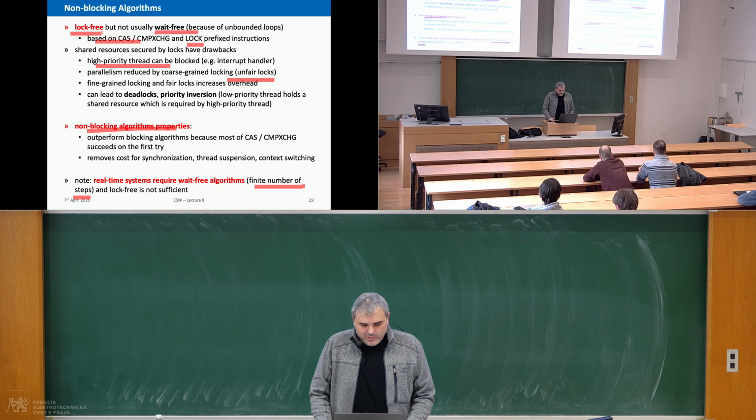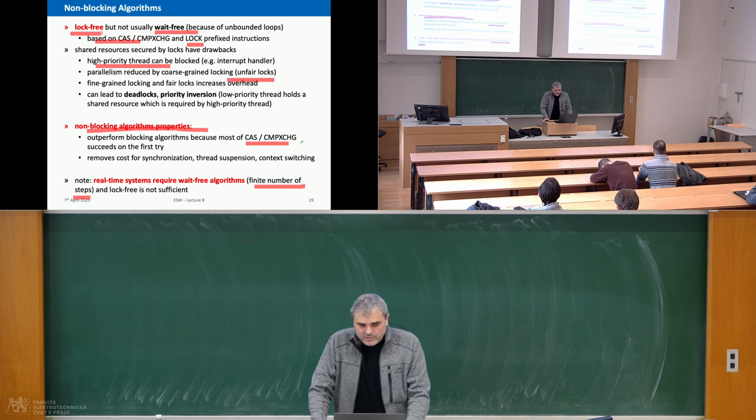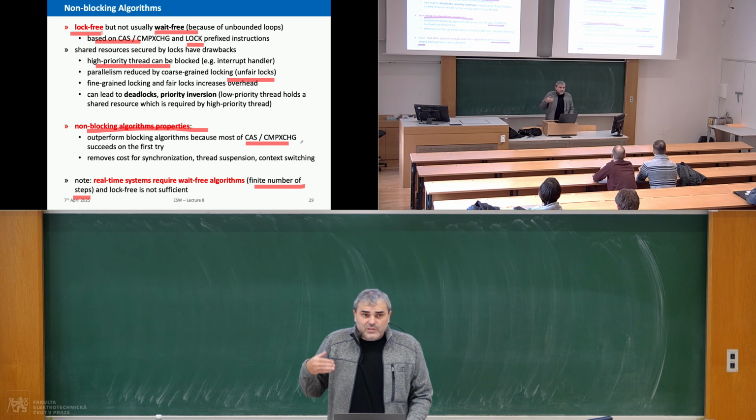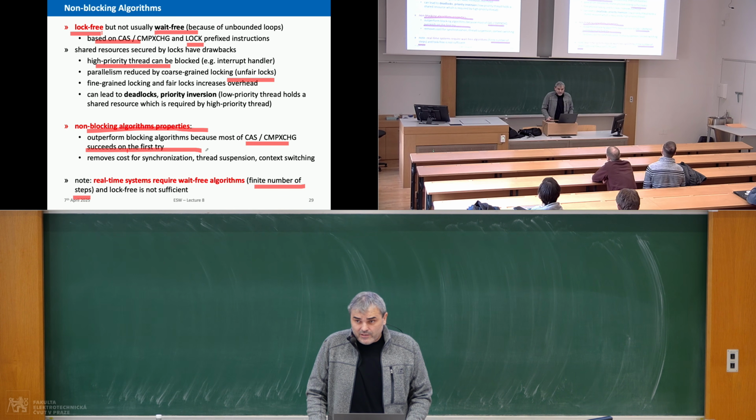On the other hand, non-blocking algorithms do not use any locking. They are based on compare and set, or compare and exchange instructions, where if it is not massive concurrency, they usually succeed on the first try. So that do-while cycle is executed just once.